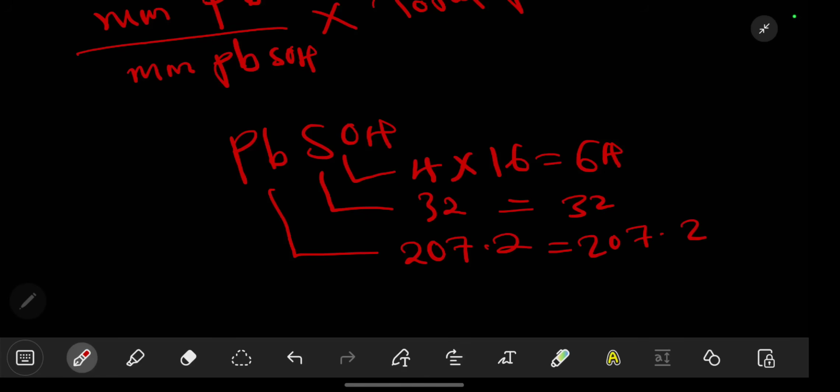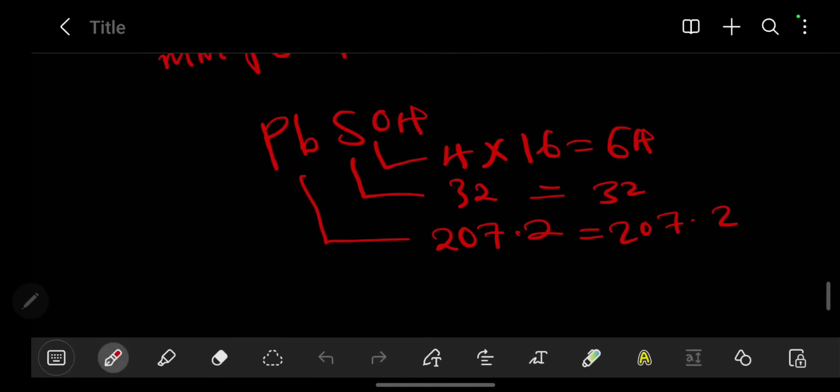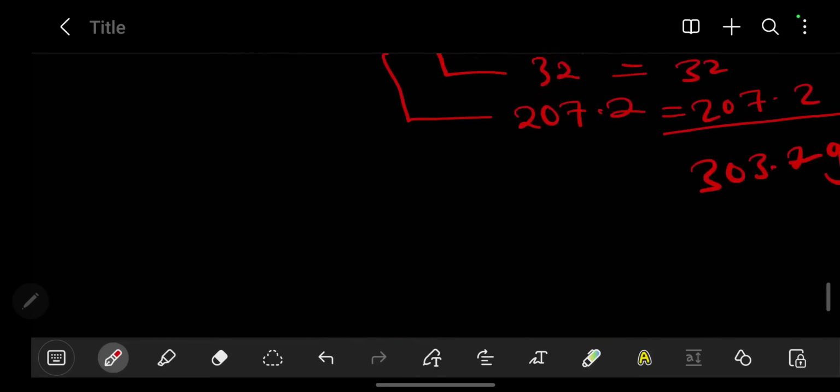When we add them, 207.2 plus 32 plus 64, we get 303.2 grams per mole. So if we know that now, we can just replace.